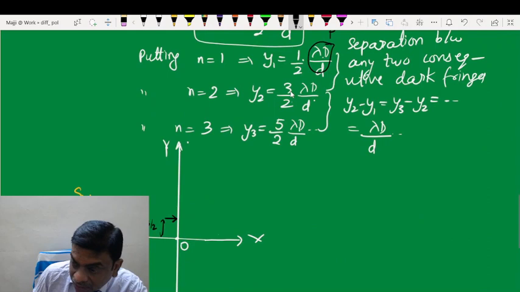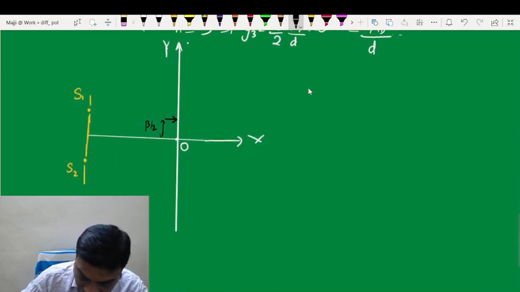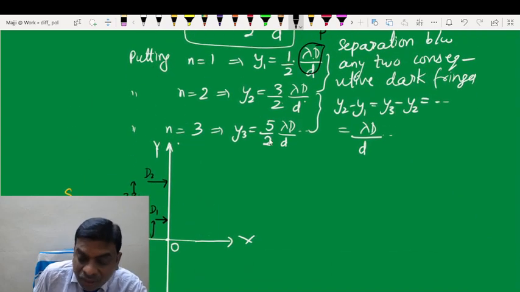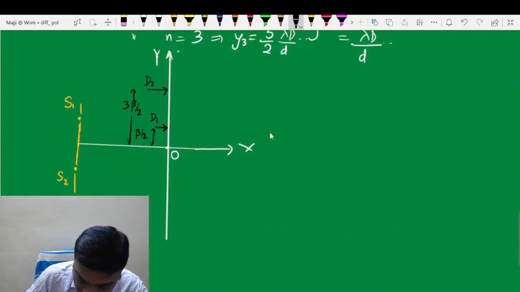Then the next is 3 by 2 beta, 3 beta by 2. So the next position of dark fringe is 3 times beta by 2 and so on. Next one will be 5 times beta by 2, at a distance 5 by 2 and so on.